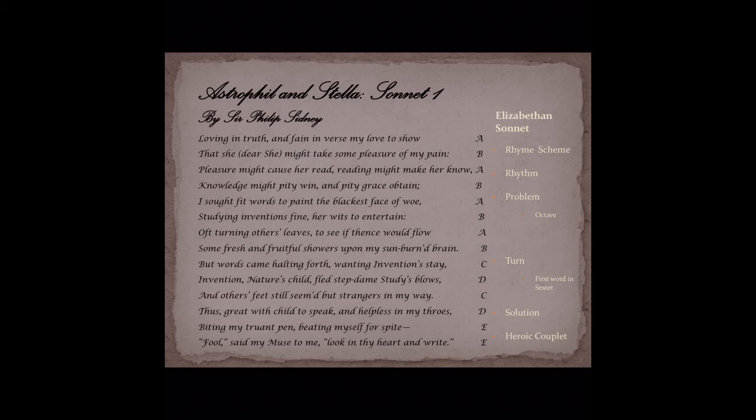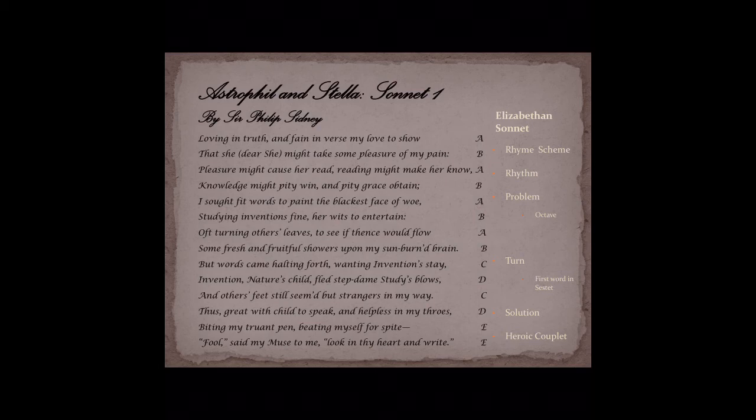In the octave, it's really mainly a comparison of his situation to a writer who has writer's block. He's just not able to get the words out. Then in the sestet, we move to a conceit that shows a comparison to a child and to bearing a child.